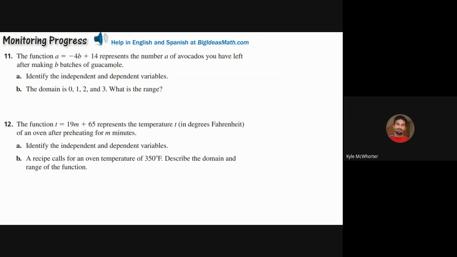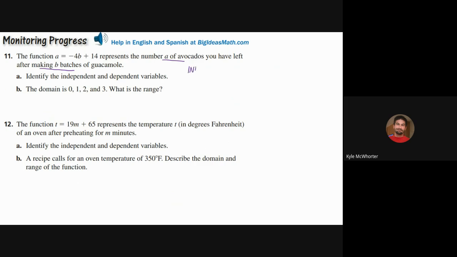All right, so you've got a couple of these to do. Let's see. A is the number of avocados you have left after making B batches of guacamole. So the number of avocados you have left depends on how many batches of guacamole you've made.